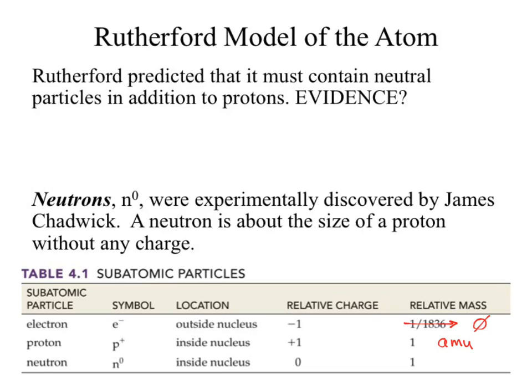Electrons do carry a mass, but for all purposes that we would go through and use, at least at this stage, the mass of an electron is roughly the same as nothing. So if I wanted to figure out the mass of any element, what do I need to do? Figure out how many protons and neutrons. That's it. Total those up, I now have the mass of my element. In what units? AMUs. So a relatively straightforward system.